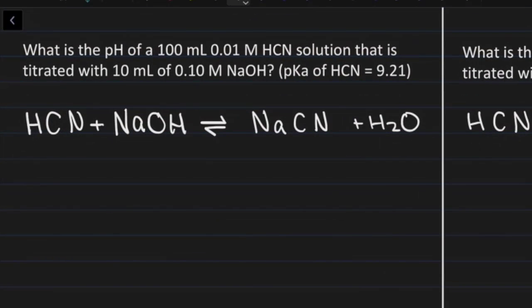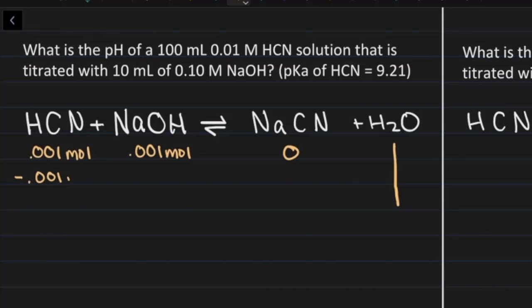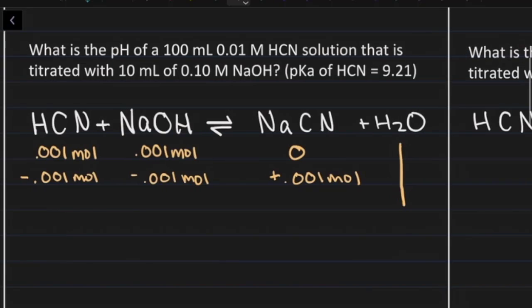So again, we want to get our moles. So we have 0.001 moles of HCN. We have 0.001 moles of NaOH also, none of this. And then we'll subtract our least number of moles, and then we'll also add that same number of moles to the other side.